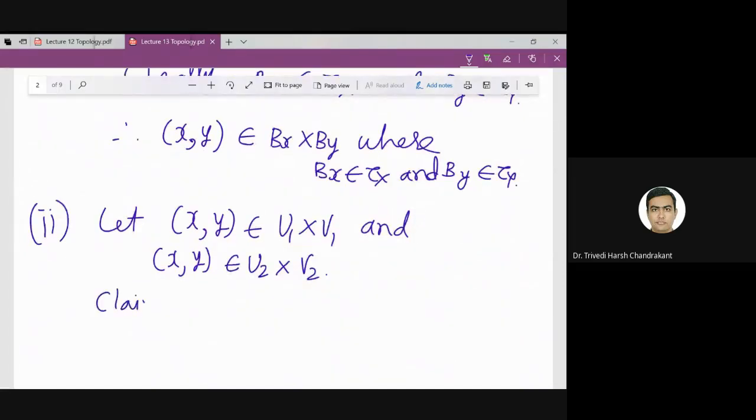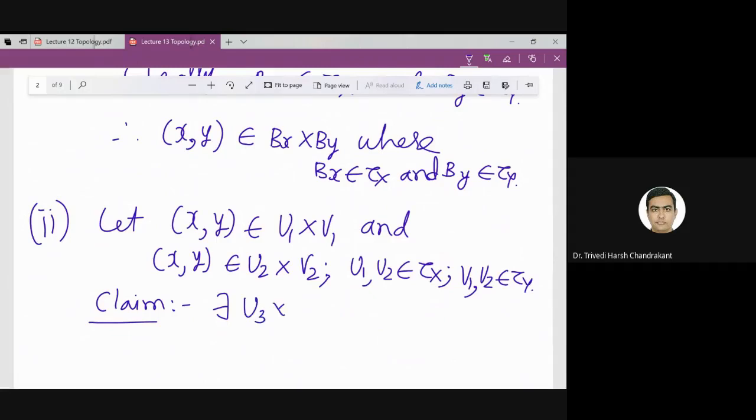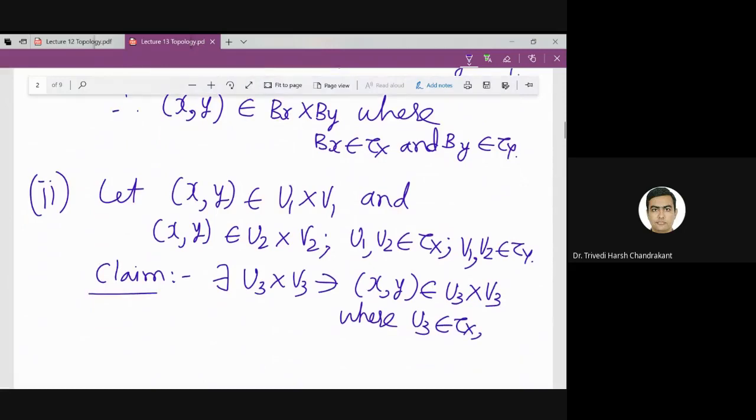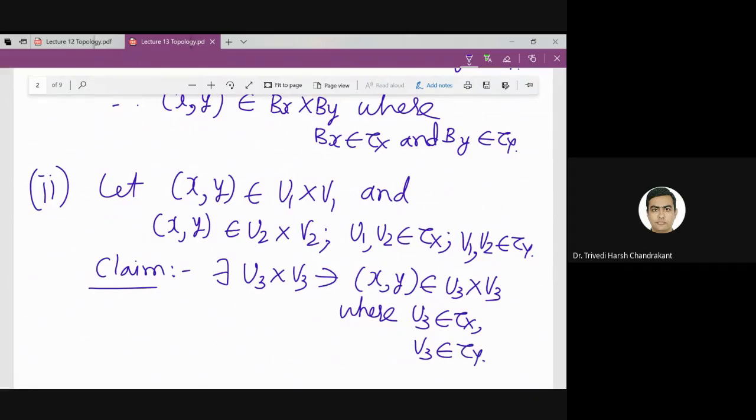Then we need to show in the second property that there exists... here u1, u2 are open sets in x, and v1, v2 are open sets in Y. So there exists U3 cross V3 such that XY is in U3 cross V3, where U3 is open in X and V3 is an open set in Y. Right, so this thing we need to show.